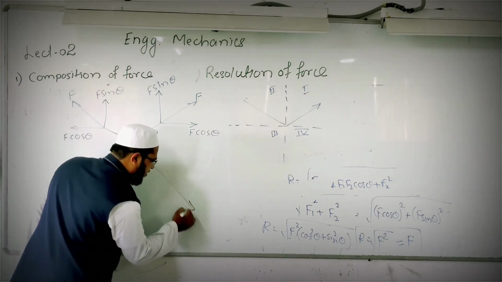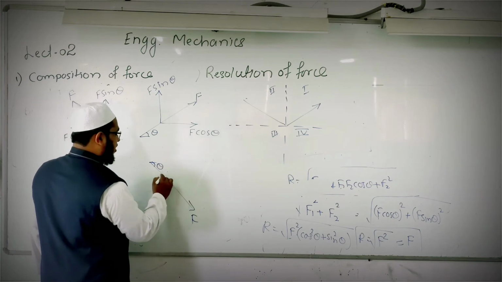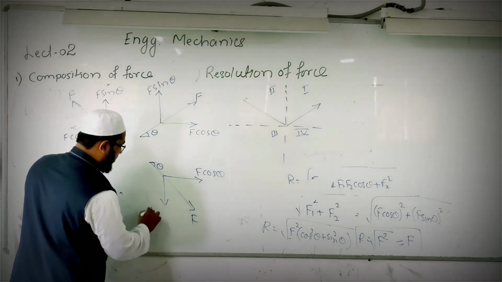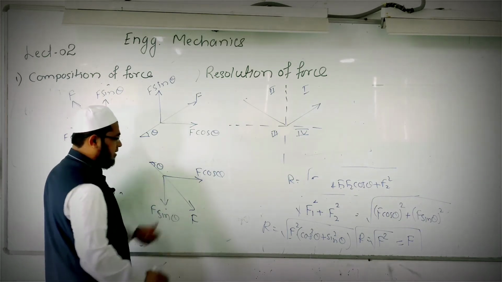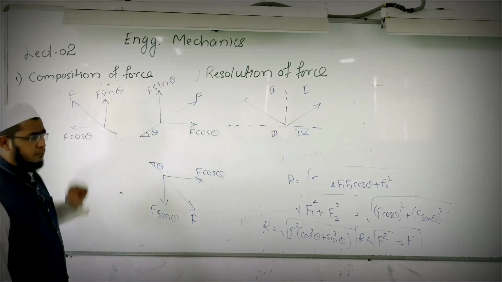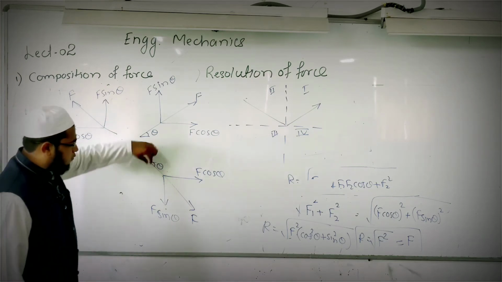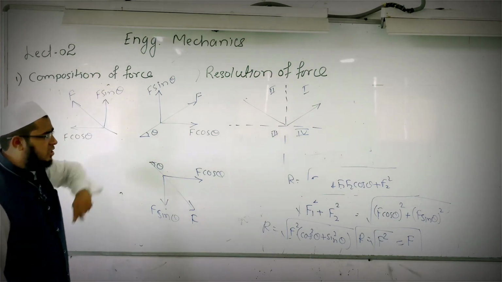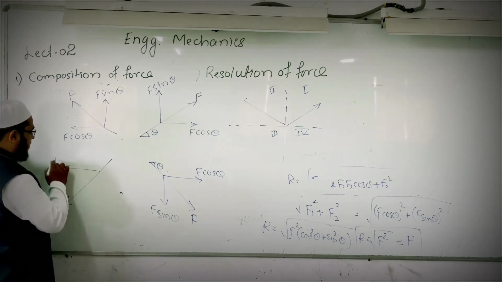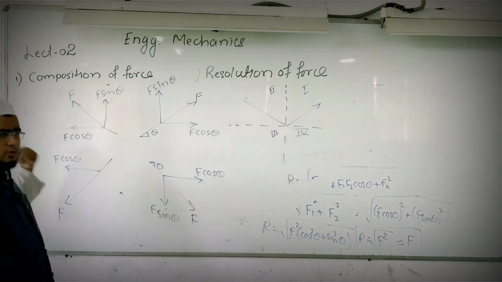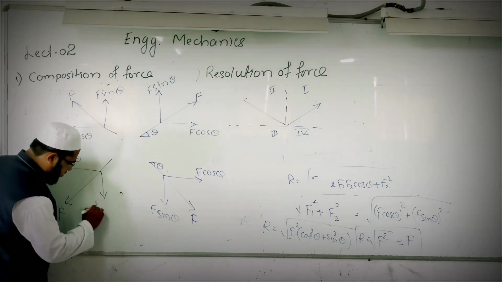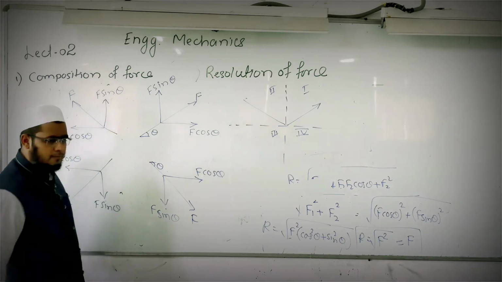If the force F is acting in the fourth quadrant at angle theta, then the horizontal component will act rightward and the vertical component downward. The magnitude remains the same, but the direction is different. If the force F acts in the third quadrant, the horizontal component will have the same magnitude, F cos theta, but act towards the left, and the vertical component will act downward with the same magnitude, F sin theta.